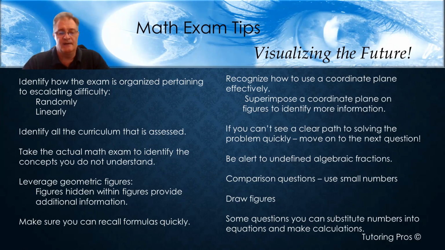For instance, take a square, take another square, and orient that square within the other one in such fashion that it looks like a baseball diamond. Well, in the corners, you see right triangles. That right triangle could provide different thoughts to help you solve the problem that you're working on.